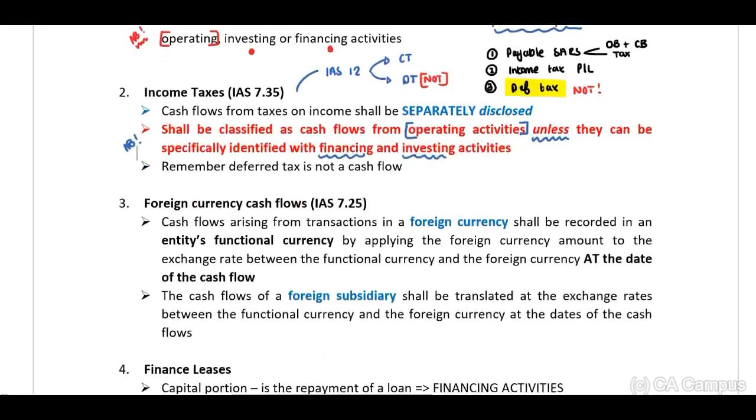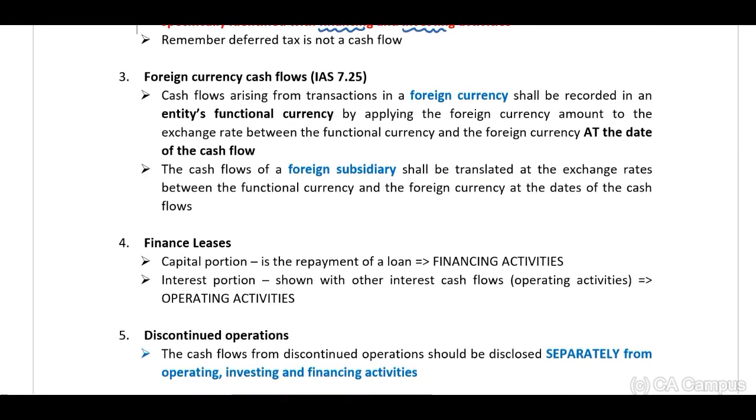Then number 3, foreign currency cash flows. Now, you will remember when we refer to foreign currency cash flows, there can be either purchases or sales to foreign entities. Therefore, this will be a sale or a purchase transaction to a foreign entity, and we will have a foreign creditor or debtor on our records.